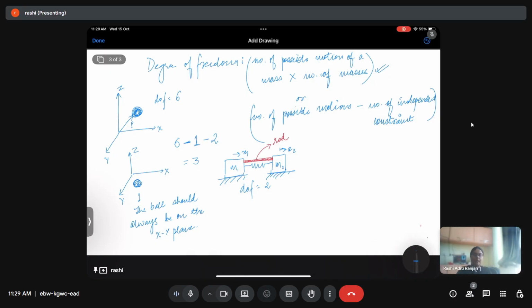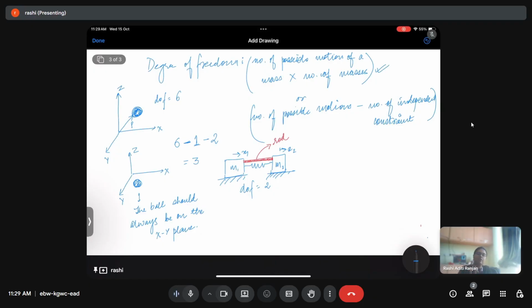I've attached M1 and M2 through a rod. So then what happens? Well, this rod does not let any relative motion happen between M1 and M2, which means now M1 and M2 collectively behave like a rigid body. Wherever M1 goes, M2 goes, and the difference between these two is always going to remain constant.